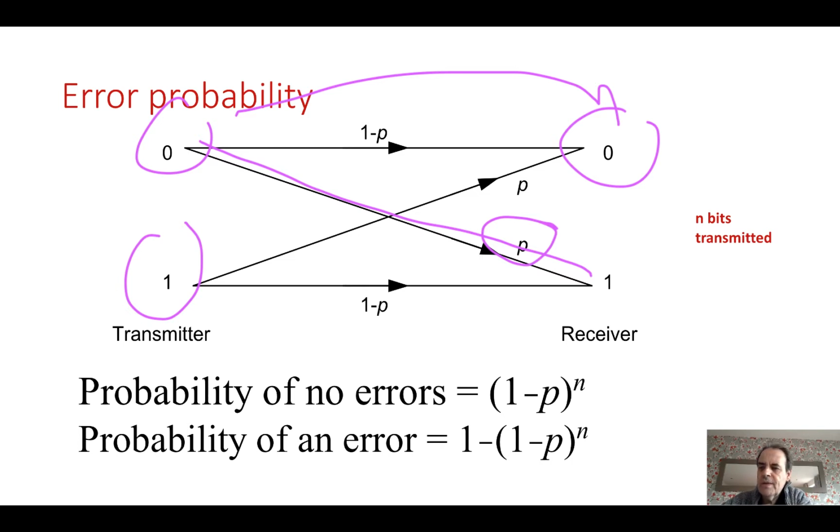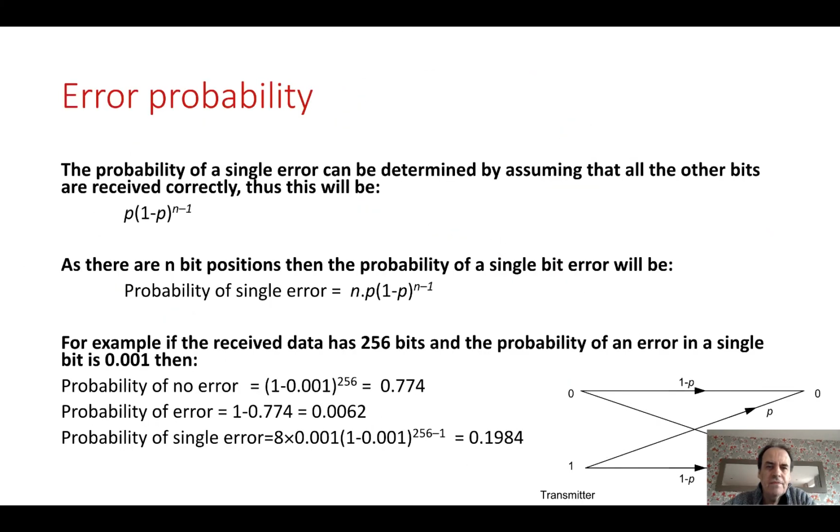So the probability that it will not change is 1 minus p, and the probability that it will change is p. So the probability that we'll have no errors in transmitting n bits is (1 minus p) to the power of n. And then the probability that there'll be an error is 1 minus that value. Okay, so that gives us our basic error probability rate.